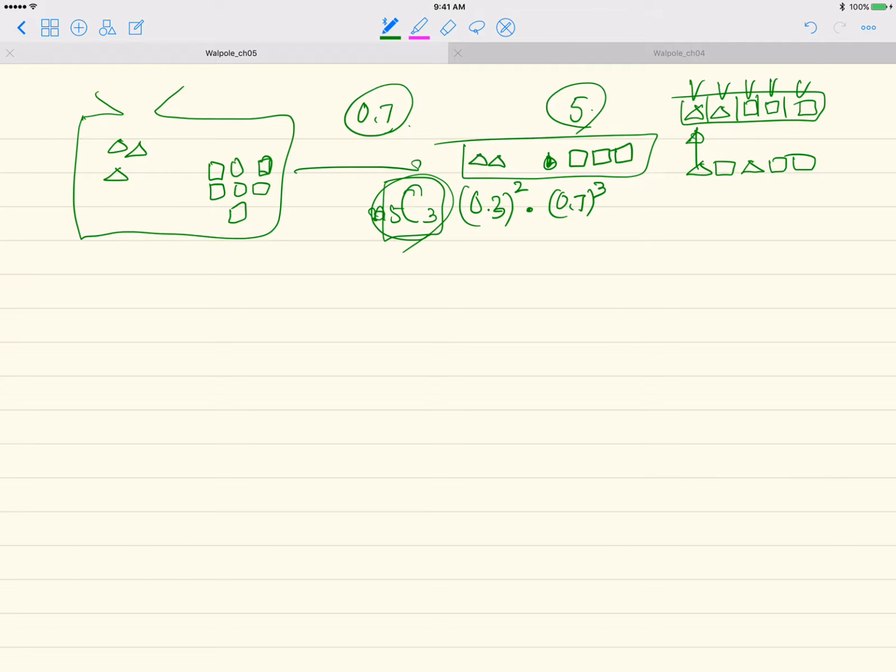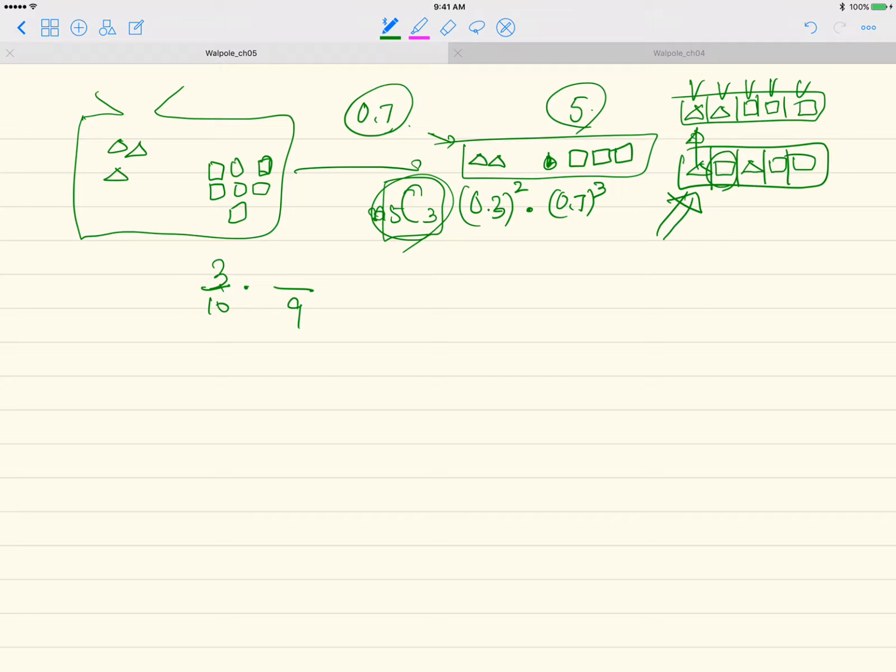In this situation, let's think about the probability of observing those outcomes. This is one event instance out of our event space. In this case, the probability will be 3 over 10, which is 0.3. And then for the next one, what will be the probability of picking up this square?